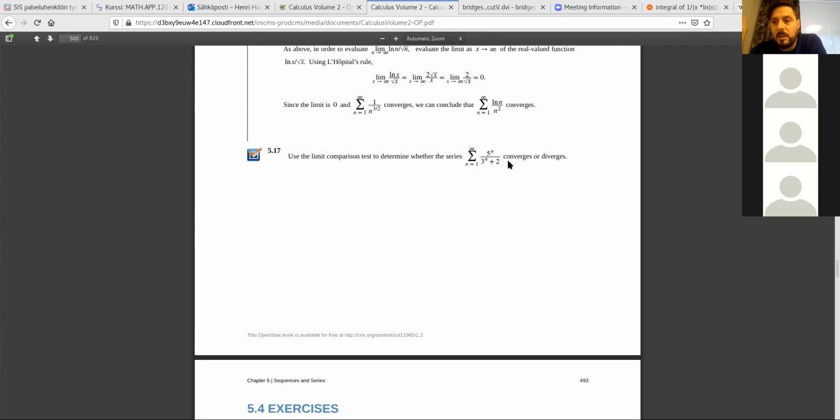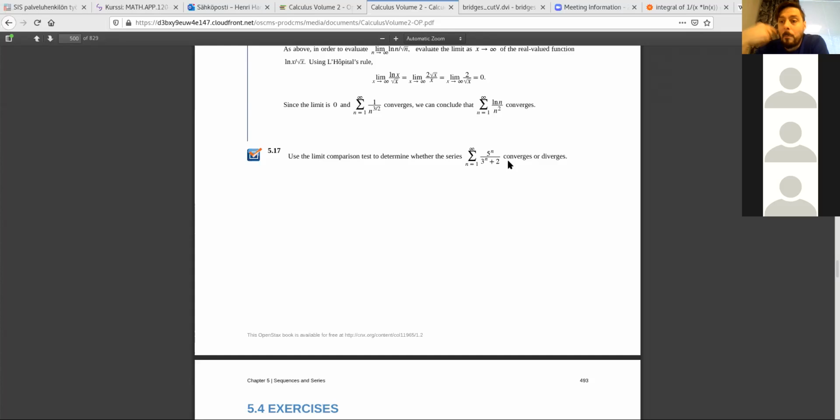So that's a geometric series, which diverges because the base number r, 5 over 3, is greater than 1. So that's going to diverge no matter what.